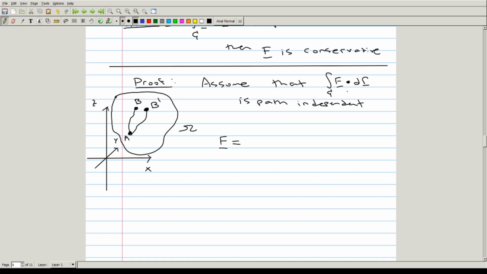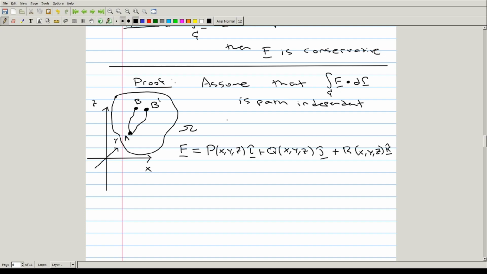So we want to see how this implies that f is conservative, saying that f is p of x, y, z i plus q of x, y, z j plus r of x, y, z k.